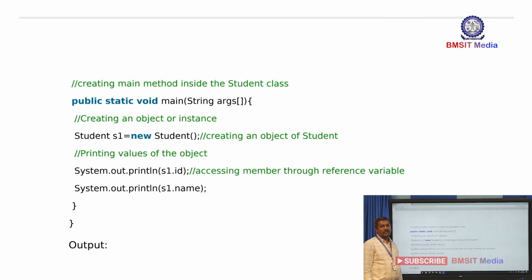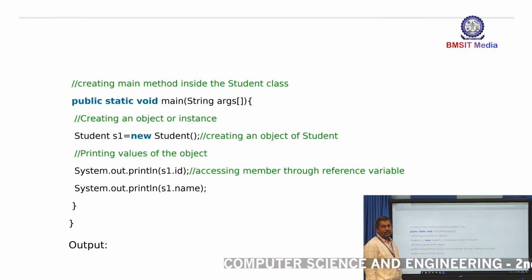First we write the name of the class, that is Student, followed by the object name. In this example, the object name is S1. So, S1 is equal to new Student. As you can see here, new is the keyword which helps in creating an object of the student.